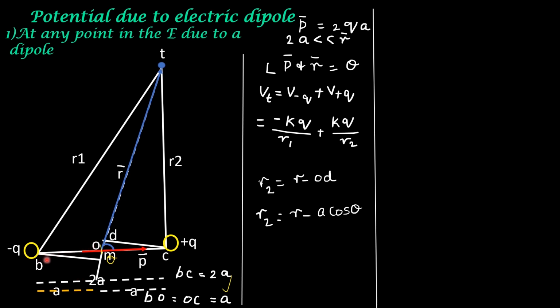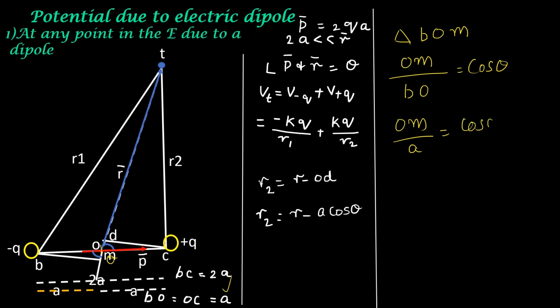Consider the right angled triangle BOM. OM is the base and OB is the hypotenuse. Angle BOM is theta because it is opposite to angle DOC. OM by OB is equal to OM by A because OB is equal to A. It becomes equal to cos theta.